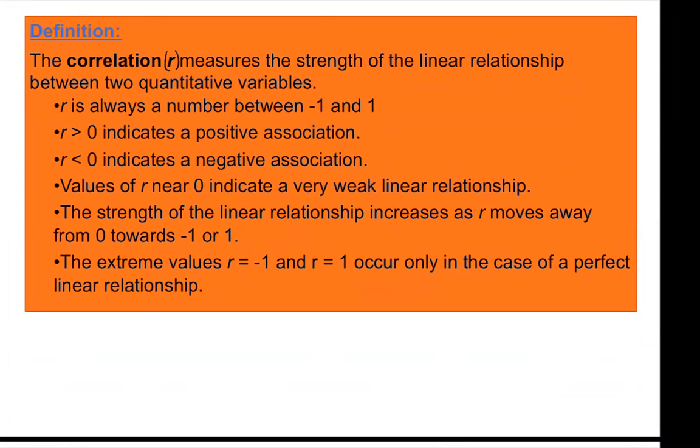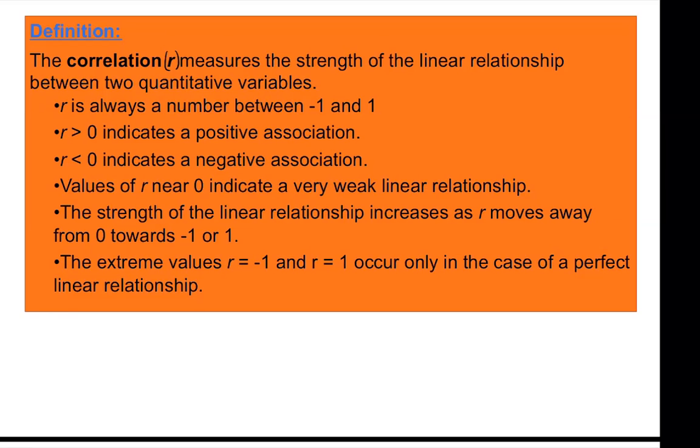You know how for slope they use the letter M a lot, and for y-intercept they use the letter B. I don't know why they use R for correlation and not C, but anytime we see the letter R equals, it means correlation. I don't understand why they came up with some of the symbols, but that's what it is.